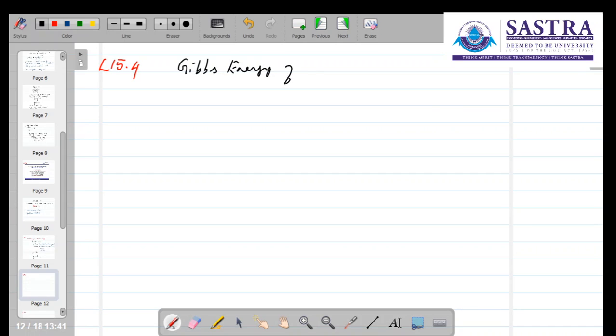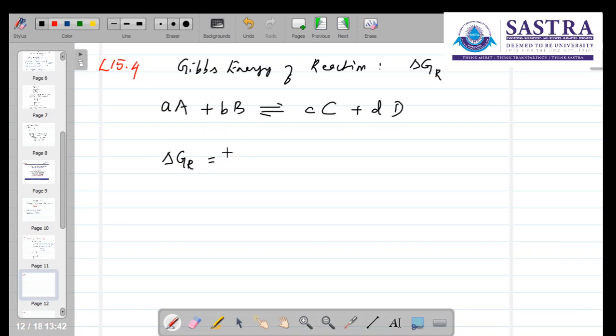The notation for Gibbs energy of reaction is delta G with a suffix capital R. If we keep the reaction scheme like this, wherein a moles of the species A and b moles of the species B react to form c moles of C and d moles of D, the Gibbs energy change of reaction is given as the summation of nu i, which is the stoichiometric coefficient, times G i.